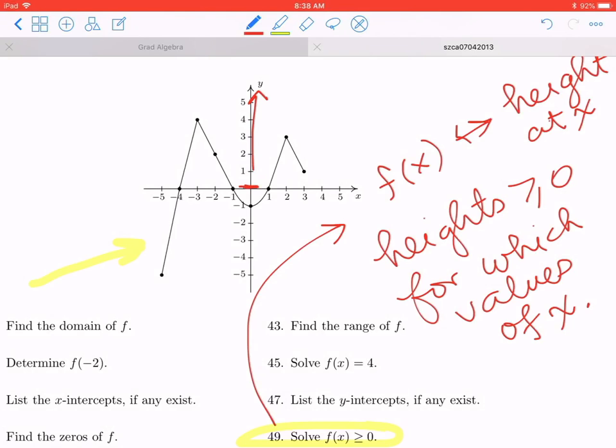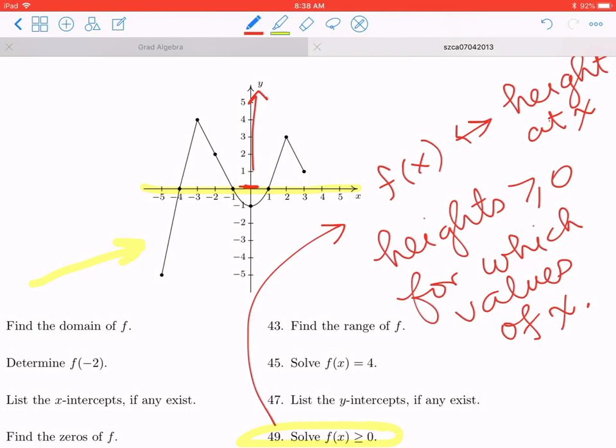Above the x-axis. And so if I look along, here's the x-axis, and I'm looking along the x-axis, and I'm asking when are the function's heights bigger than or equal to 0? It's like, when are the function's heights above the x-axis?